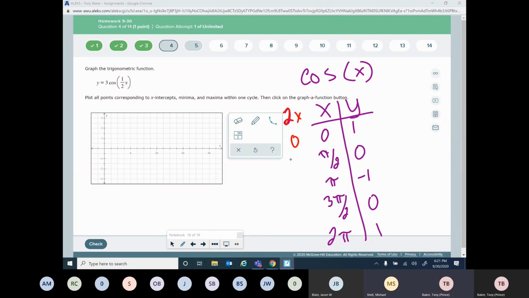So that becomes 0, pi, 2 pi, 3 pi, and 4 pi. And then I'm going to do 3y. So it's 3, 0, -3, 0, and 3. So I'm using the 2x because that's the reciprocal of 1 over 2. So I flip that over, and I'm using the 3 because we do exactly what it says on the outside.